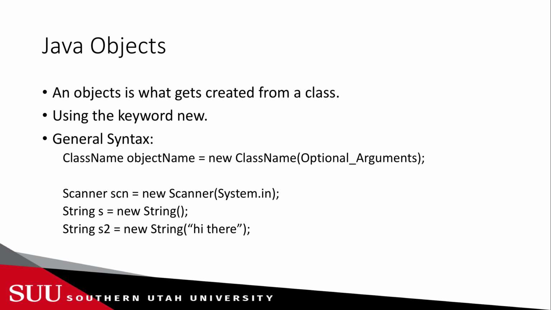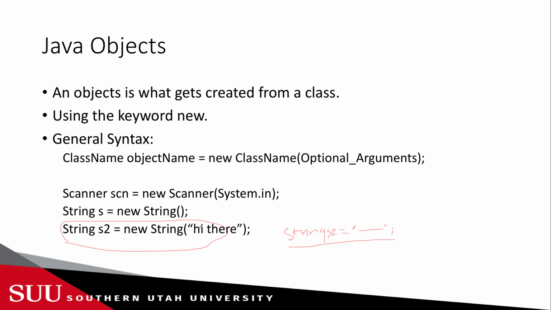Now this is the same as saying String s2 is equal to "hi there" followed by a semicolon. The reason this exists is because String is widely used, and this is some kind of shortcut, but the original way to create a string is to create a string object, which is this one right here. So this is how to create a string object.